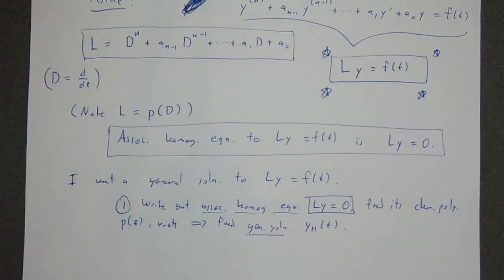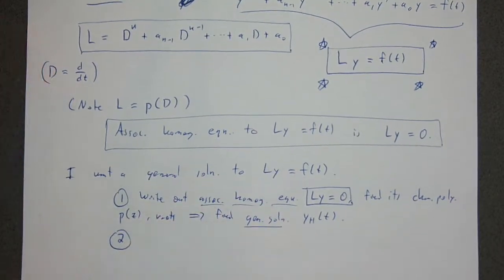So this is y sub h of t. That is solving a homogeneous equation. That's what we've been doing for the last 2 days, right? So that's something we can actually quickly write out. That's not too bad.